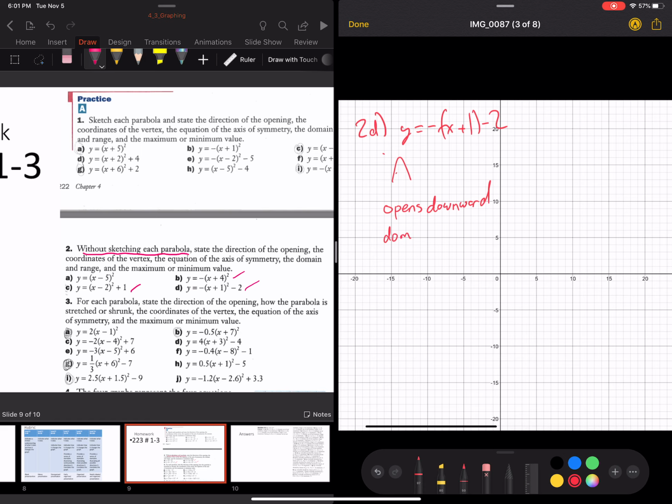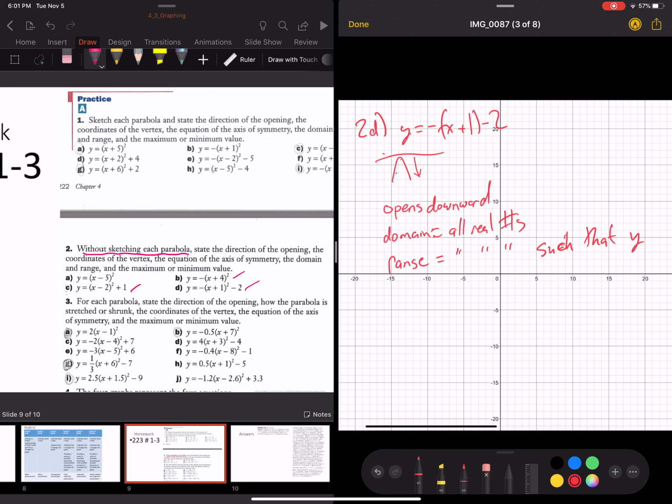Our domain is always the same. Domain equals all real numbers. Our range is equal to all real numbers such that y is less than a certain number, because it's upside down.